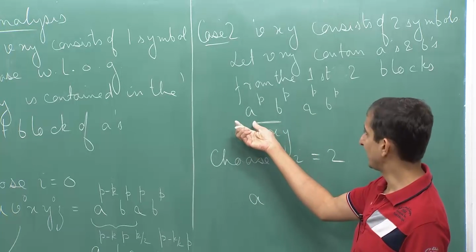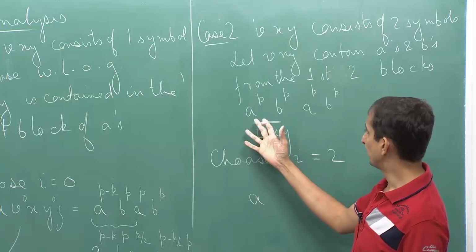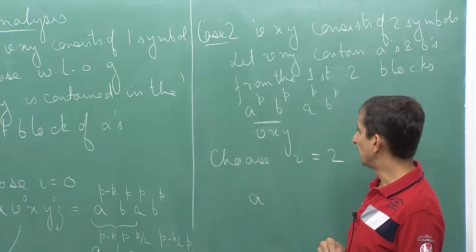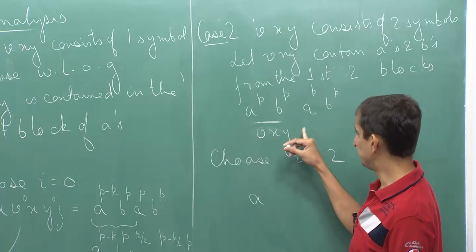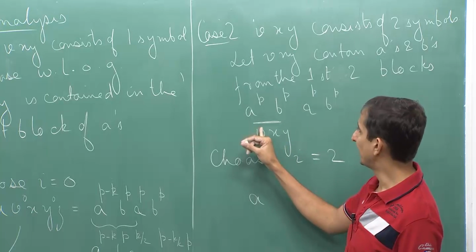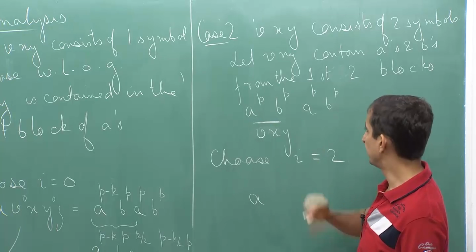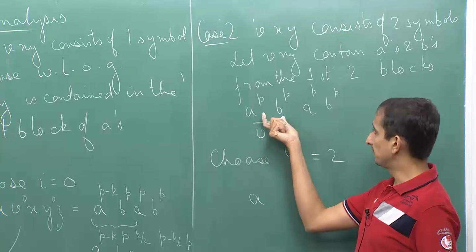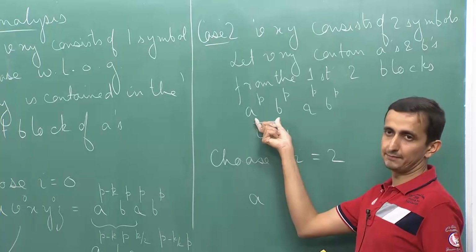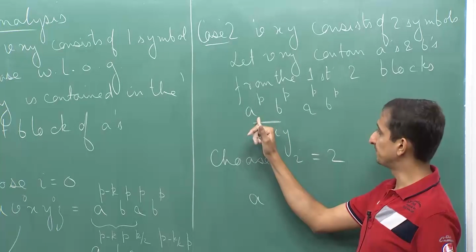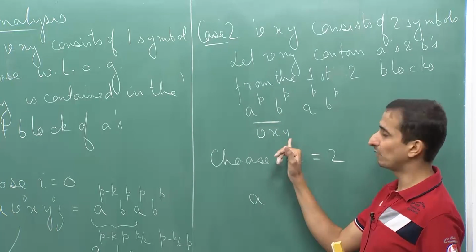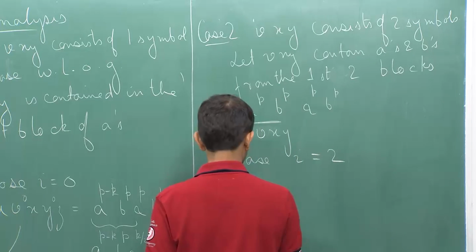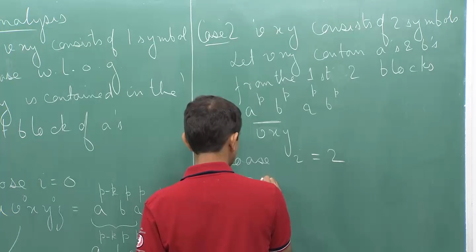I mean V and Y can lie entirely within A's, V and Y can lie entirely within B's, V can lie in A and Y can lie in B, or it can happen that V lies within the block AB. I mean V has some elements from A, some elements from B, Y has some elements from A, Y has some elements from B.